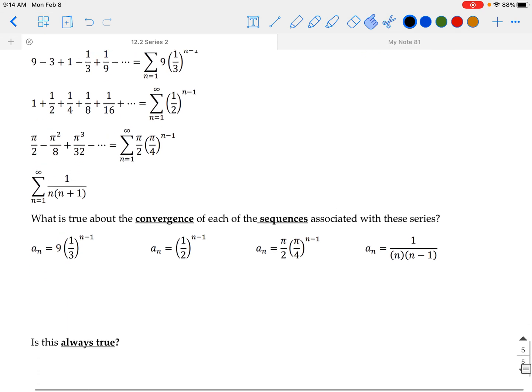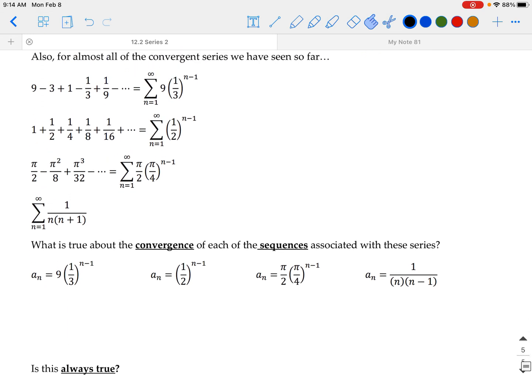So if we look at all of these convergent series, so these are ones that we worked on previously, what is true about the convergence of each of the sequences associated with these series? So this is pretty obvious that if we take any of these sequences, a sub n's down here in the bottom, all of these sequences converge to 0.